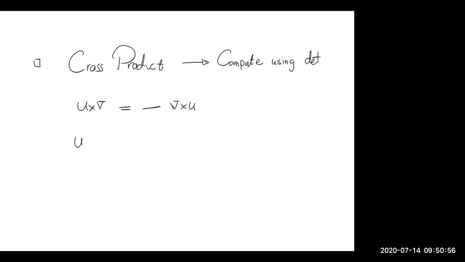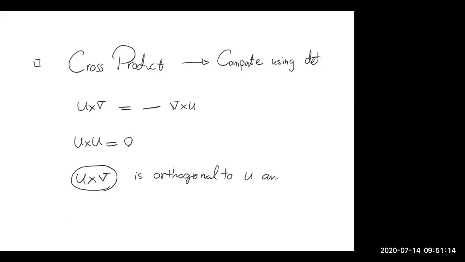The cross product of U with itself is always 0. And we understood that U cross V is always orthogonal to both U and V.